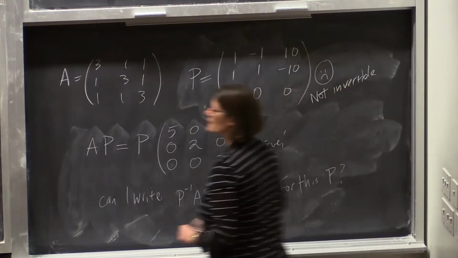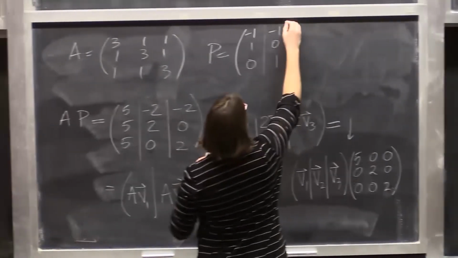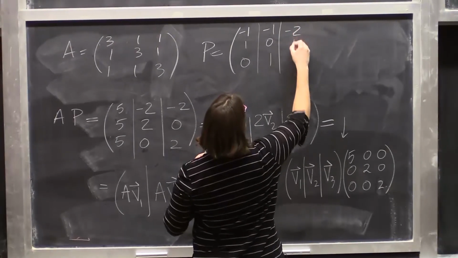Another bad way of trying to construct a matrix P, so I could have had minus 1, 1, 0, minus 1, 0, 1, and minus 2, 1, 1.